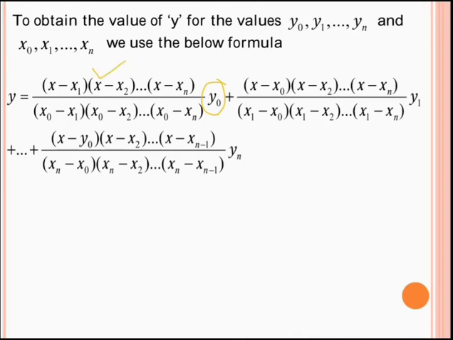Above I will not take any term of x0, so my terms will start from x minus x1, x minus x2 up to x minus xn. Similarly, in the denominator I will subtract each and every term from x0: x0 minus x1, x0 minus x2 up to x0 minus xn. Similarly, I will do the same procedure for y1 up to yn.